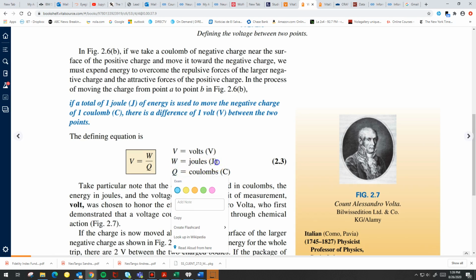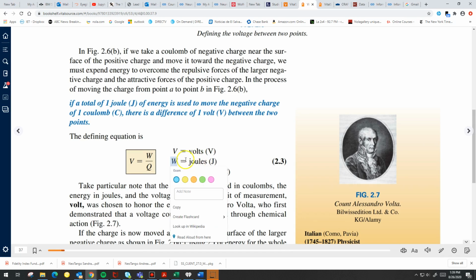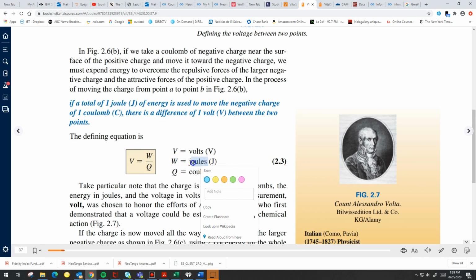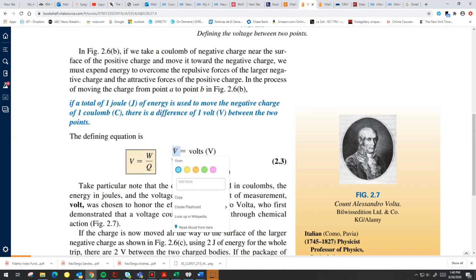In this equation again, capital W represents energy, okay? The units of energy are joules, and the letter used to represent the units is capital J, okay? Finishing up with the equation, capital V means voltage, or volts, or electrical potential, same thing.